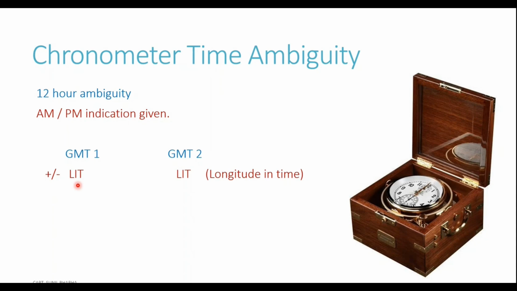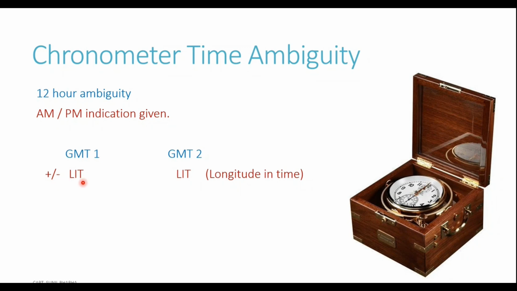Longitude east, GMT least, longitude west, GMT best. So depending upon whether your longitude is east or west, you can find out whether the GMT will be least or GMT would be greater. And accordingly, you can use the plus and minus sign.